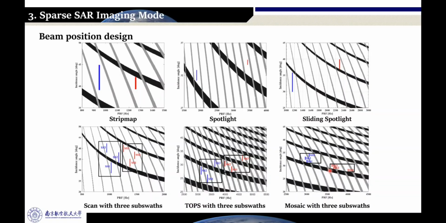In the aspect of beam position design, the choice of PRF takes into account the limitation of transmit and nadir interference.